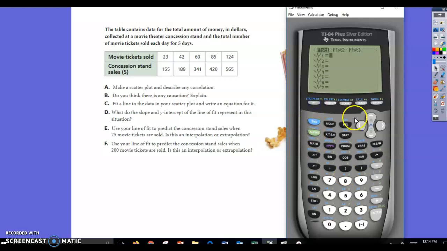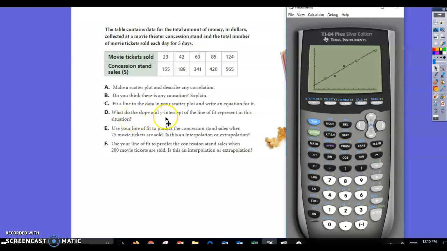I needed to do that in my y equals. Let's do that again. Go to y equals, go to 5, equation, enter, and then graph. What that does is it graphs the equation that it just found over top of those points so you can see your line of best fit. And it already gave you your equation and your r.